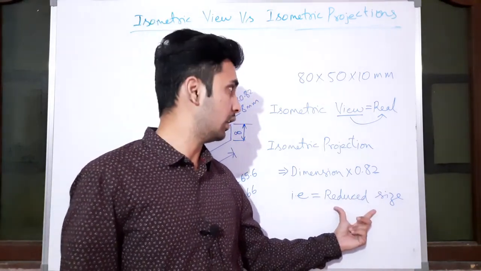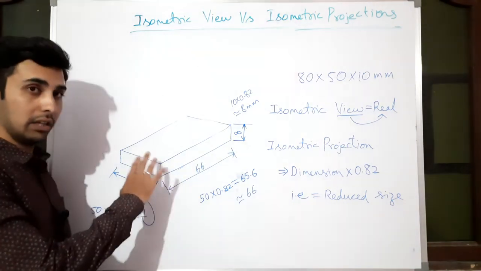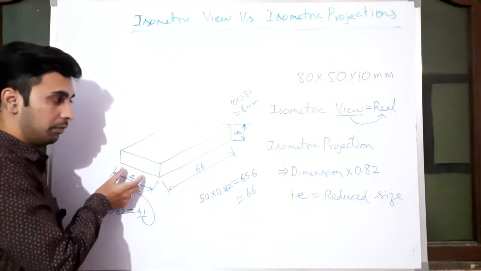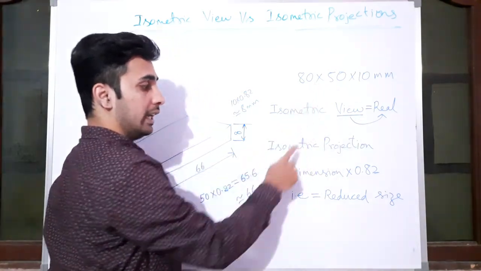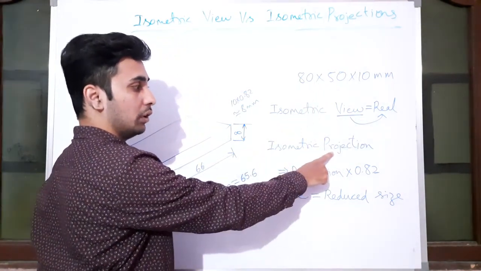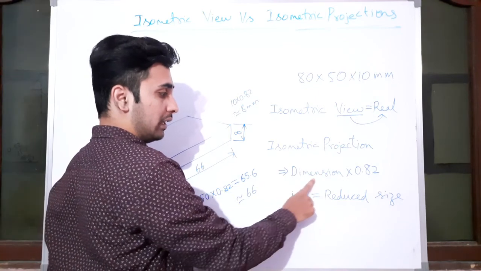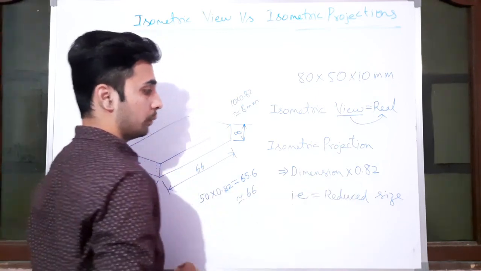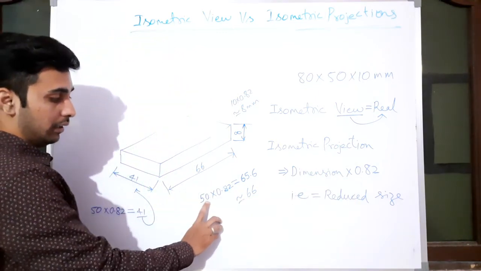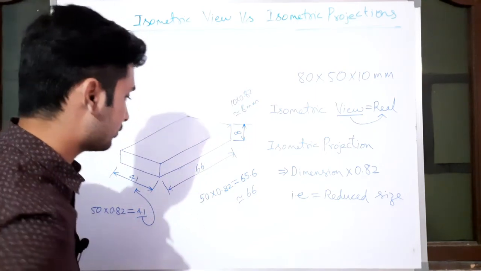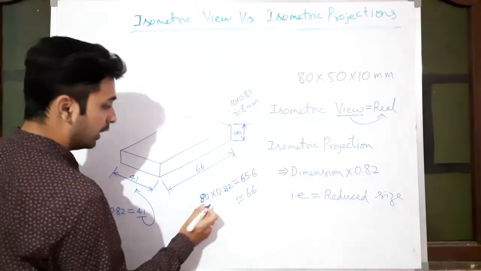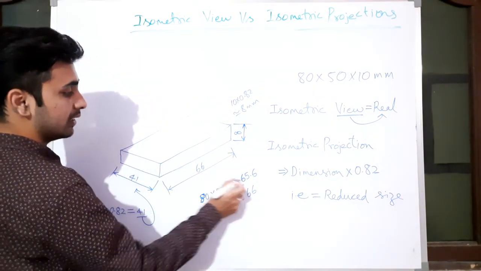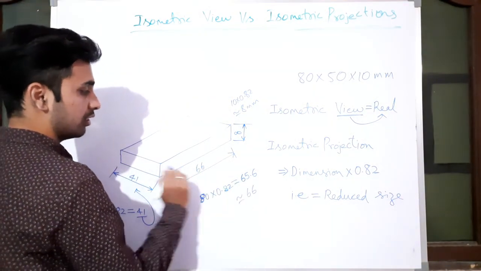Assume you have the block earlier drawn 80, 50 and 10 in the isometric view with real dimensions. In isometric projection, you need to multiply the dimensions by 0.82. So 80 into 0.82 will be 65.6, around 66 mm.